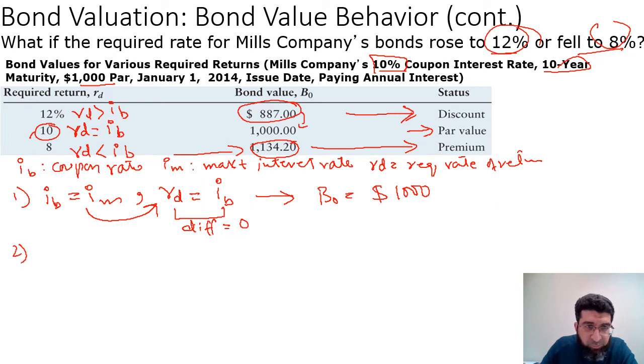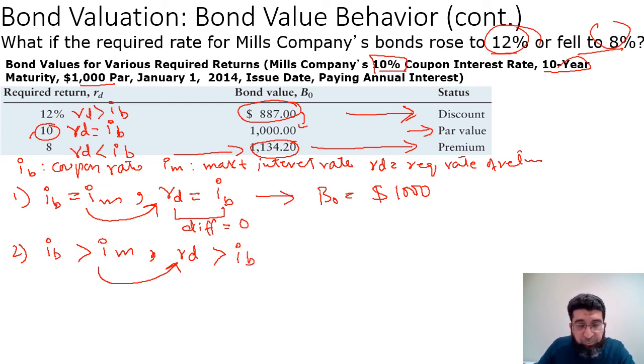Now in the second case, if the bond offers an interest rate which is higher than the market, this will lead to a higher RD. Investors will expect a higher return, since the bond is offering a higher coupon payment over and above what the market is offering. Then they will expect a high required return, which means it will be greater than the coupon rate. This will lead to a bond value of $887.